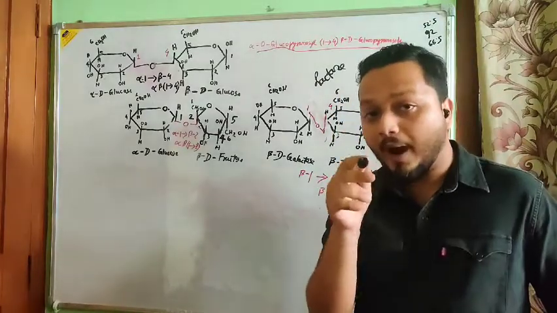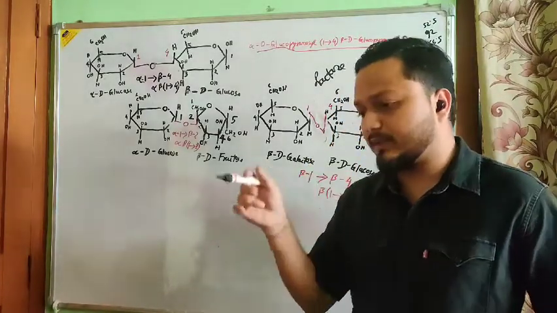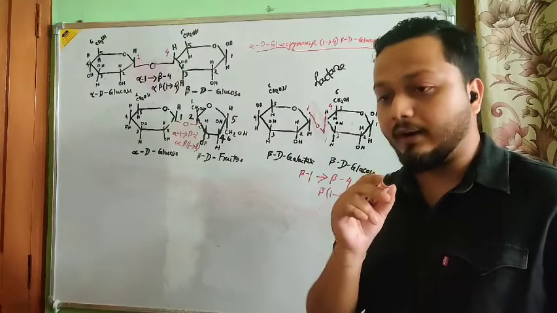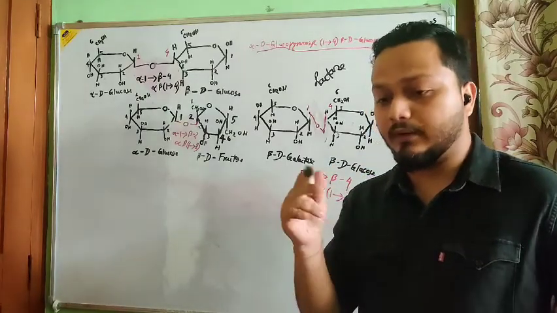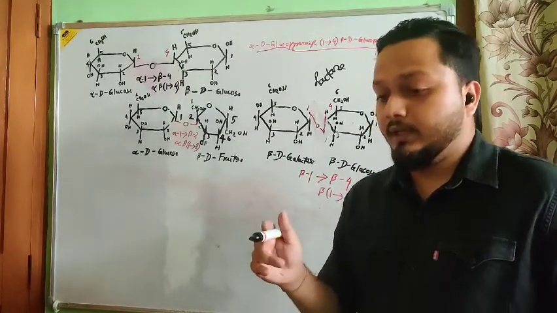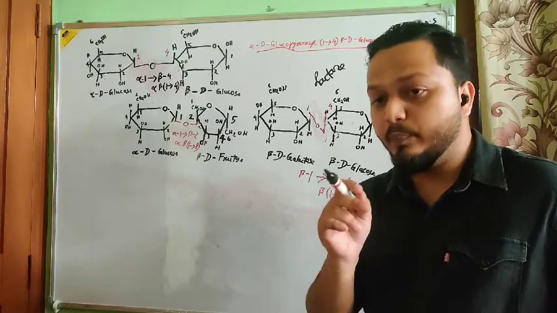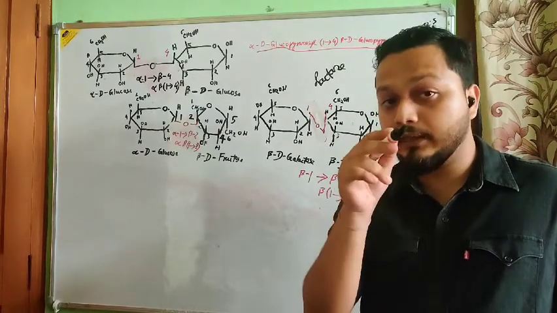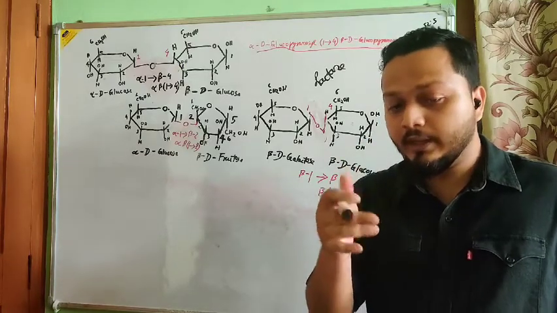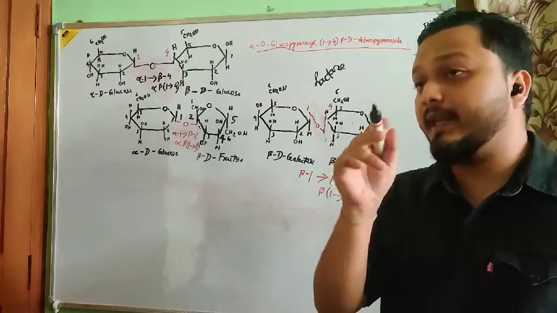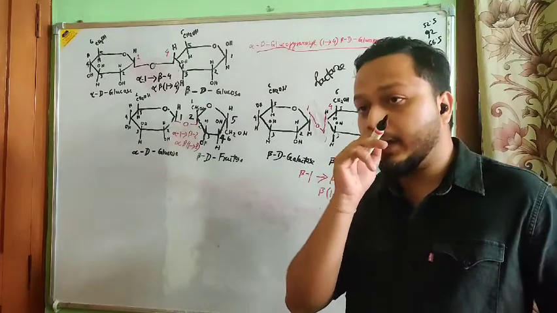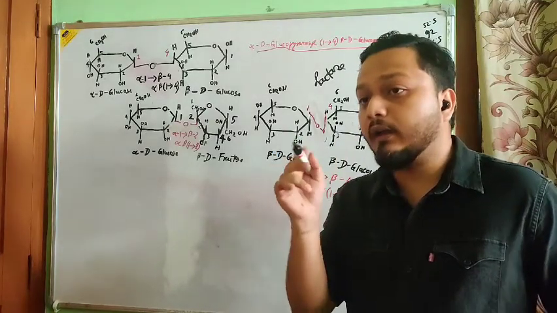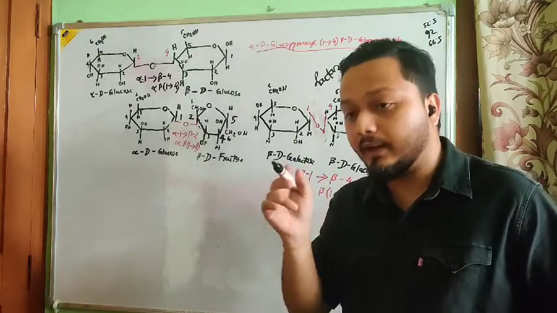Now, how to overcome the symptoms of this lactose intolerance? To overcome the symptoms of lactose intolerance, you have to consume milk product in small quantity initially, and gradually you can increase the amount, and you can also go for lactose free milk.